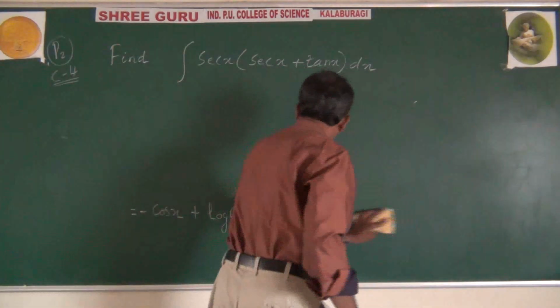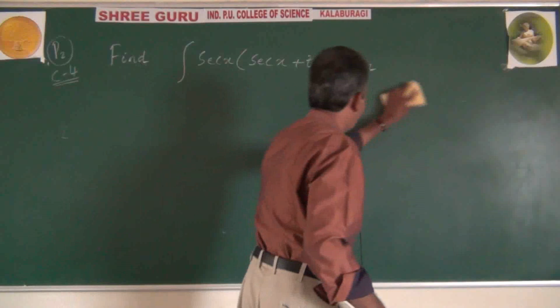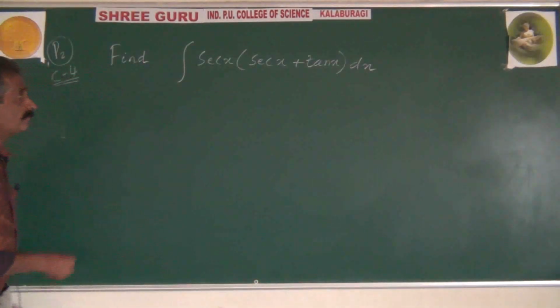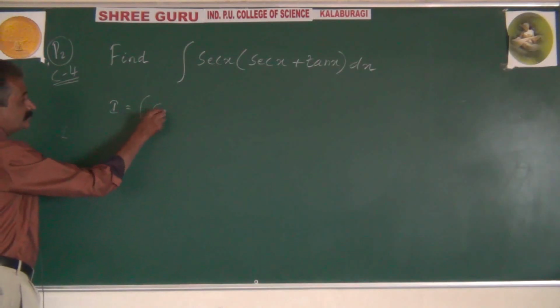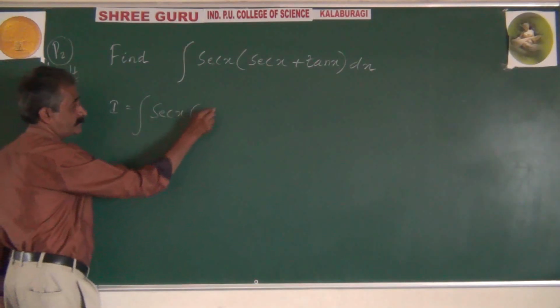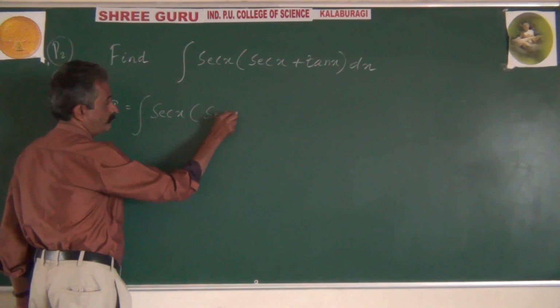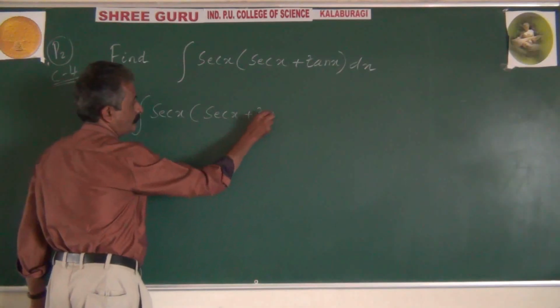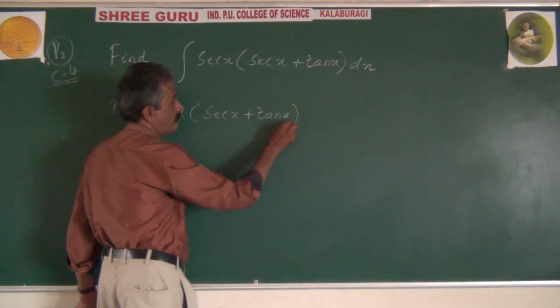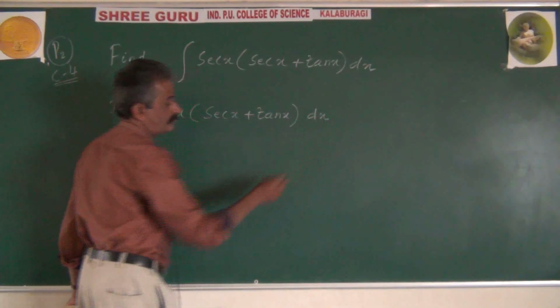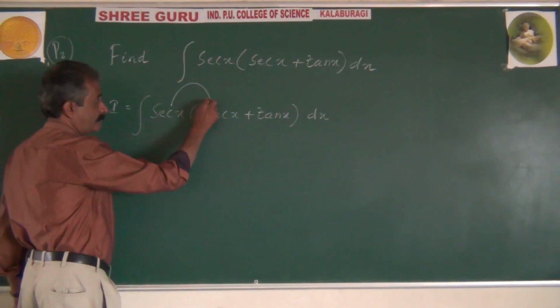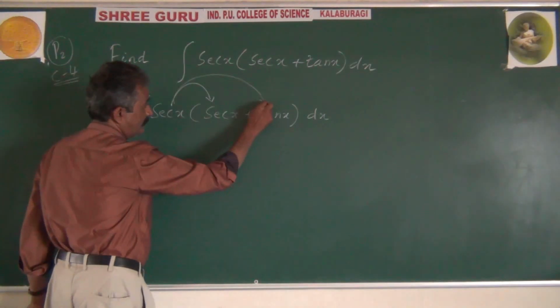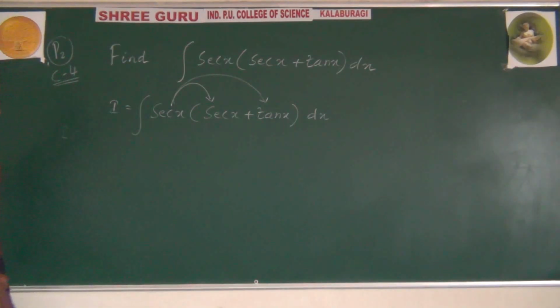Start with I. Let I equal to integration of sec x into sec x plus tan x. We shall open the bracket from sec x, and at the same time there will be how many terms?